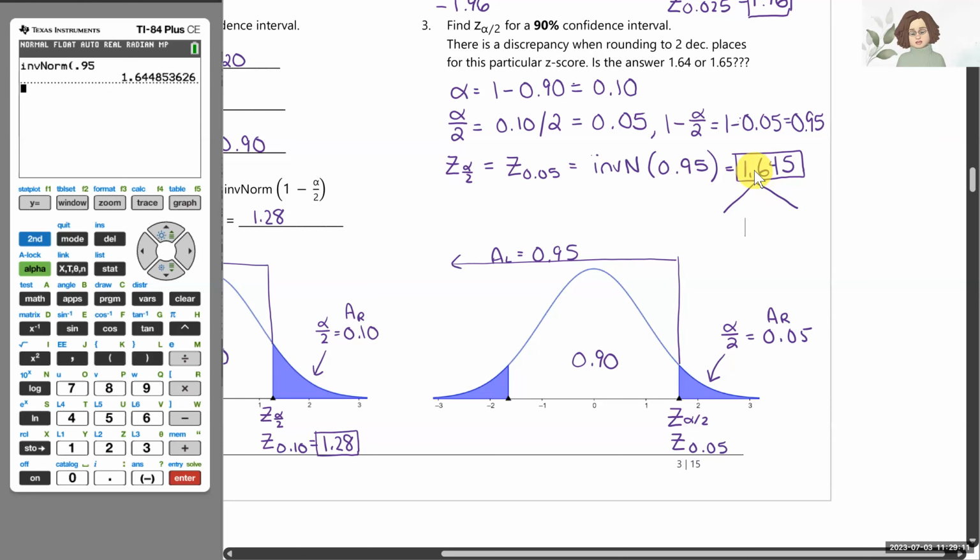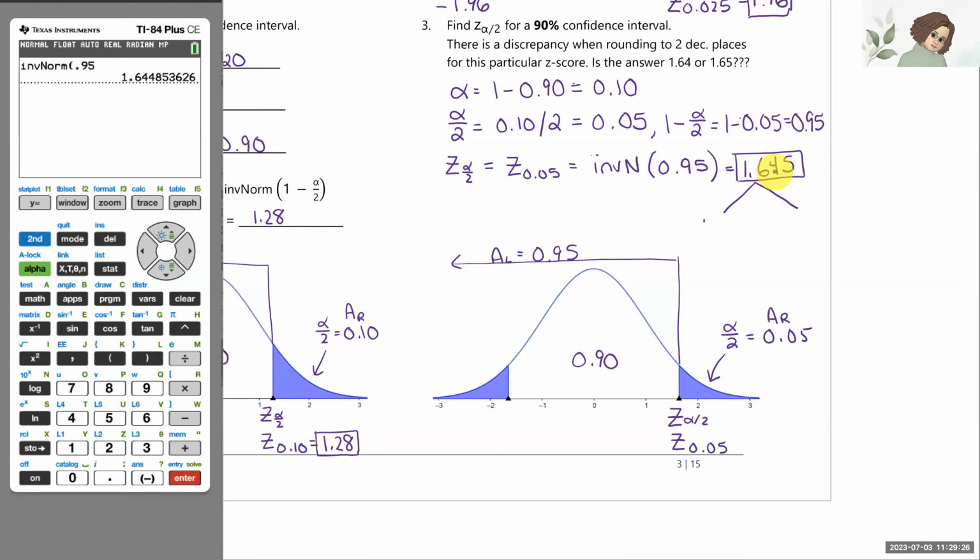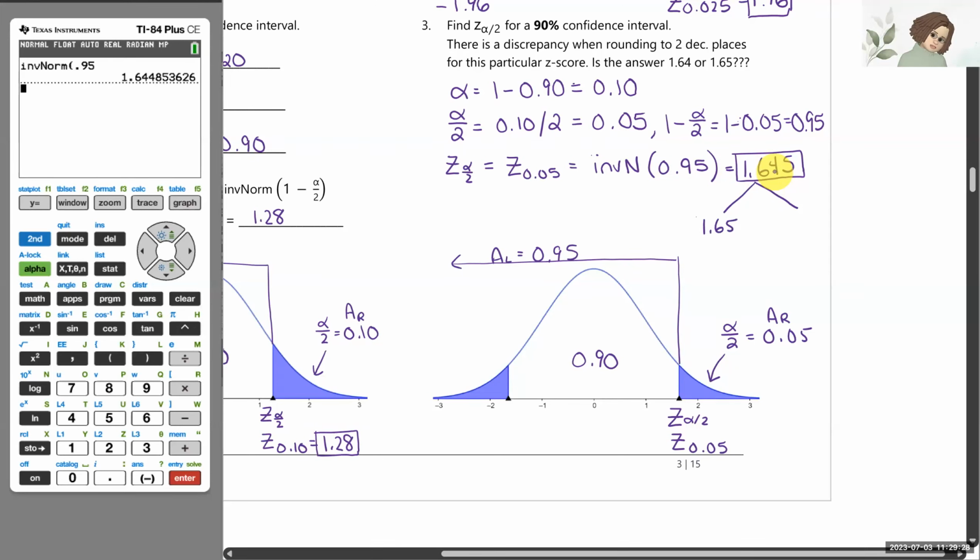But what if we were asked to round to 2 decimal places? If the only thing I had to look at was that number, no calculator, I would see this number. And if somebody said round to 2 places, that would be 1.65. And that will be the value that would be used in our textbook. So that's been traditionally used when you were rounding to 2 places for this particular z-score.